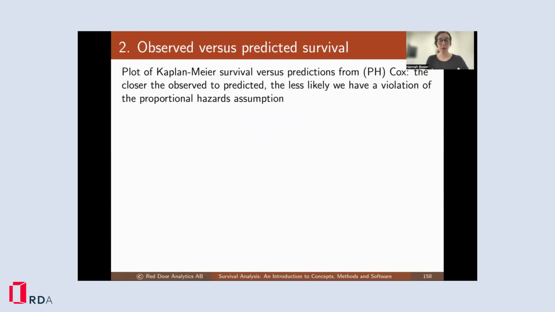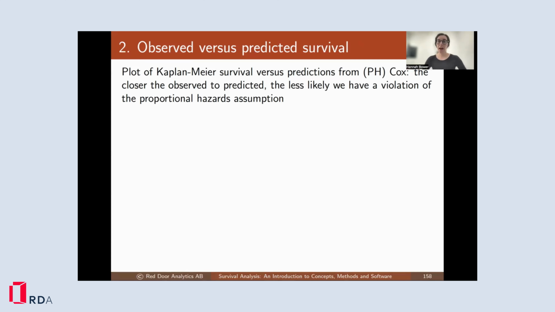Now, the second option we could use when we want to assess the proportional hazards assumption is to plot the observed versus the predicted survival. So what this is a plot of the Kaplan-Meier survival versus predictions from a proportional hazards Cox model. So the observed values are from the Kaplan-Meier and the predicted are from a proportional hazards Cox model.